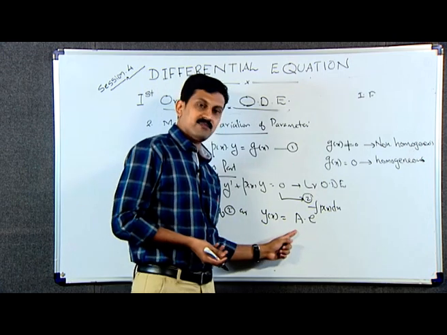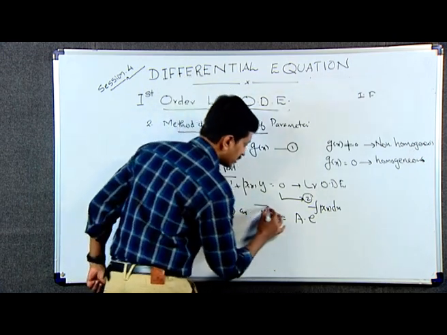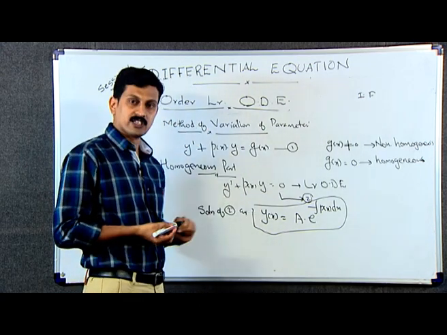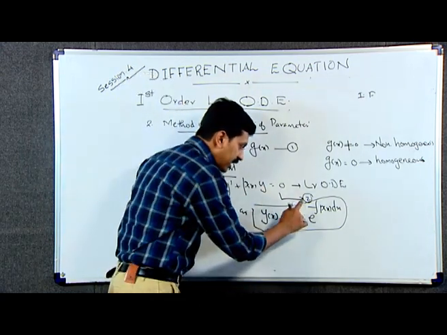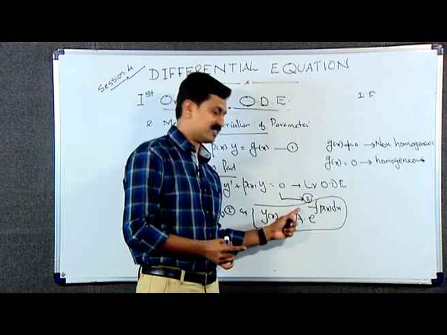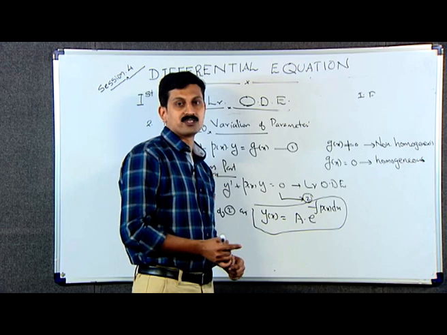So this a, in this homogeneous part, is the solution of the homogeneous part, that is the differential equation 2. In this differential equation, a is a constant.